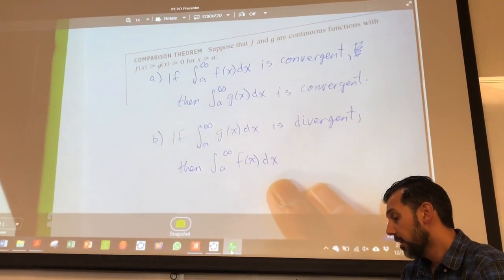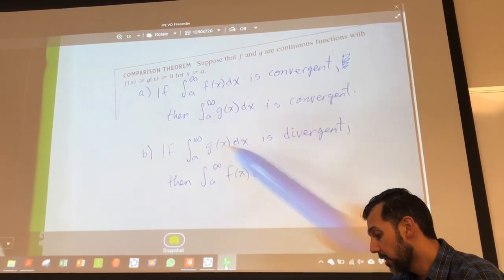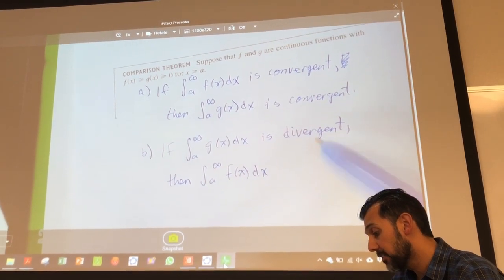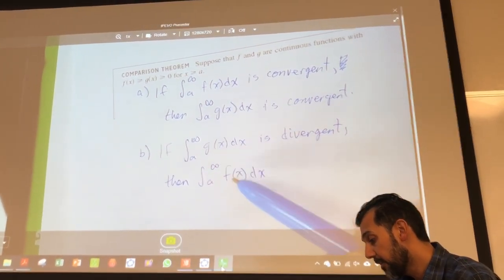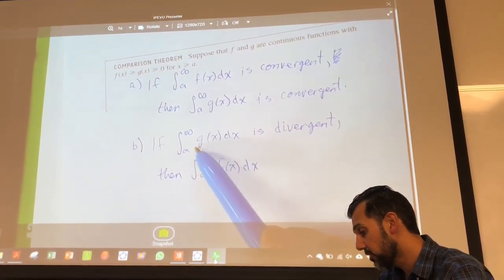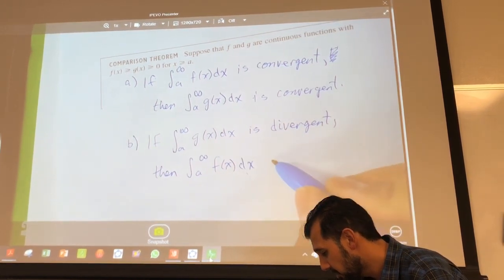Again, remember, f of x is greater than g of x. So if the integral of g of x is divergent, and f of x is a bigger function, then in theory, this area should be greater even than this area. So if this area is greater than this area, then this must also be divergent.